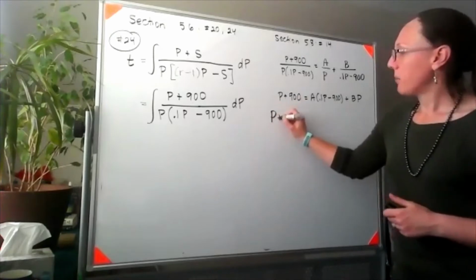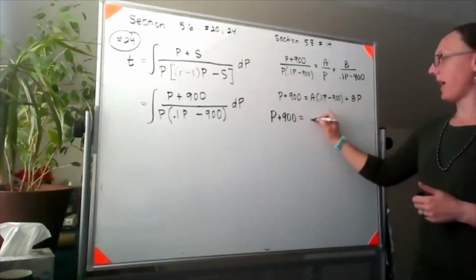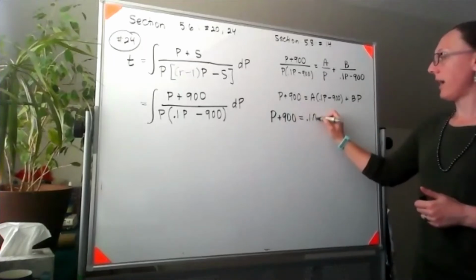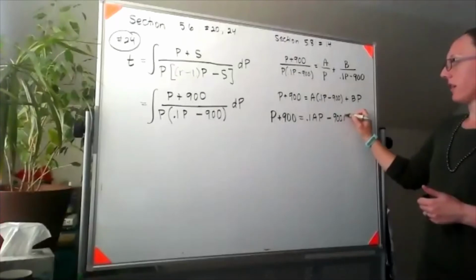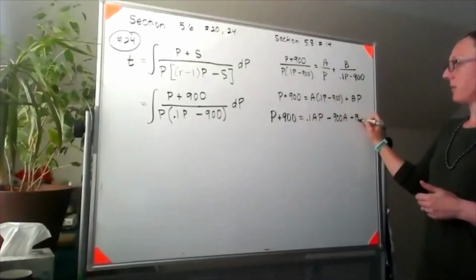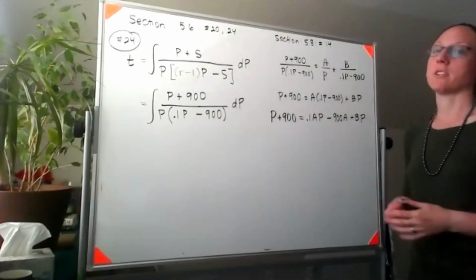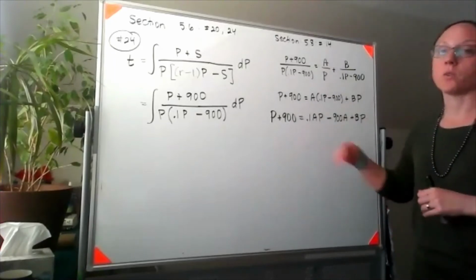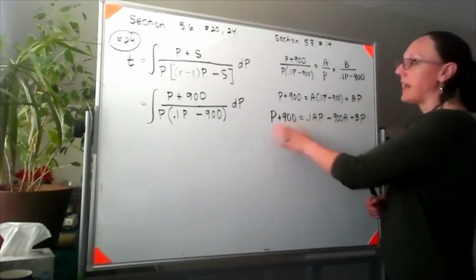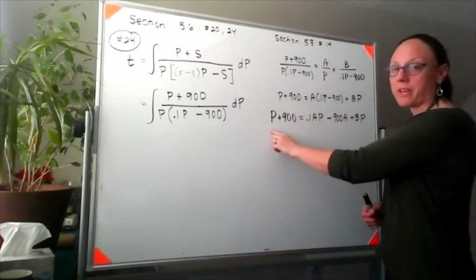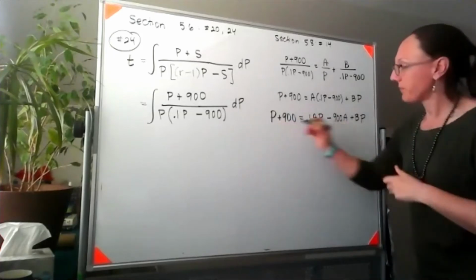So I've got P plus 900, and then distributing my A, I would have 0.1 A times P minus 900 A plus BP. So the idea with matching up coefficients is that if this equation holds for all values of P, then any term on the left-hand side with a P has to match the terms on the right-hand side with P's.